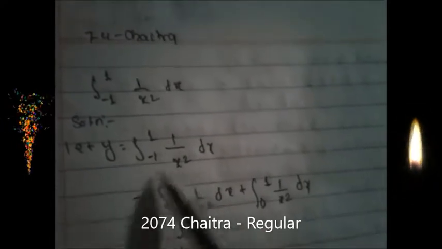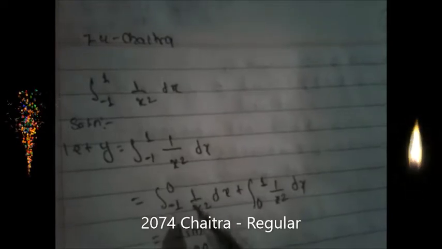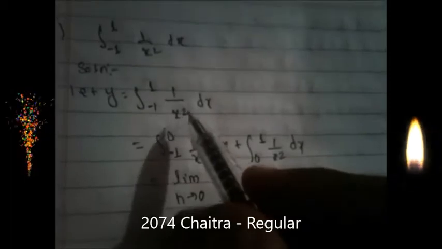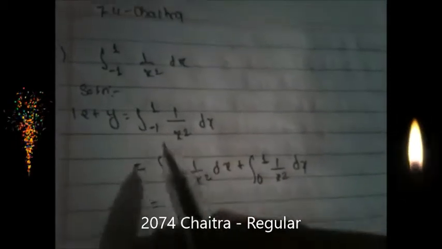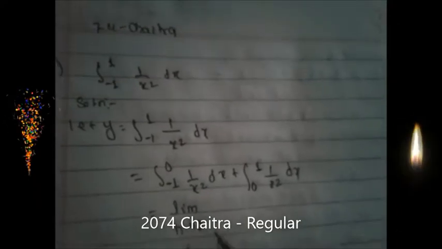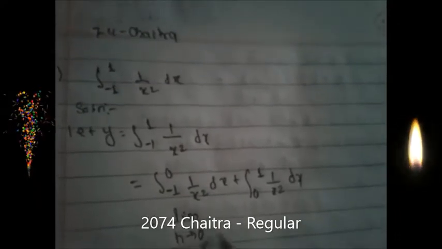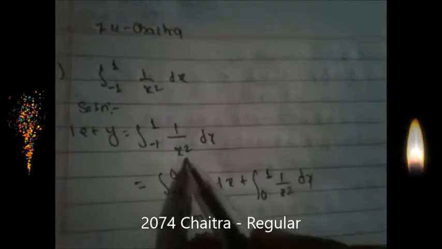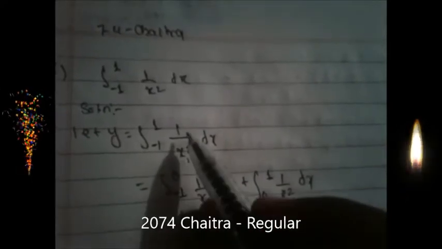Why? Because when we put the value 0, it will be indeterminate. In 1 upon 0 it would be infinity. So we put limit h tends to 0, and when we put h, it will not be in infinity form.